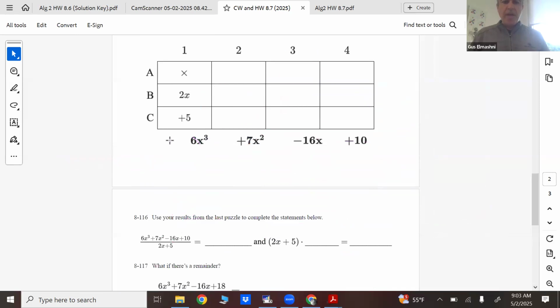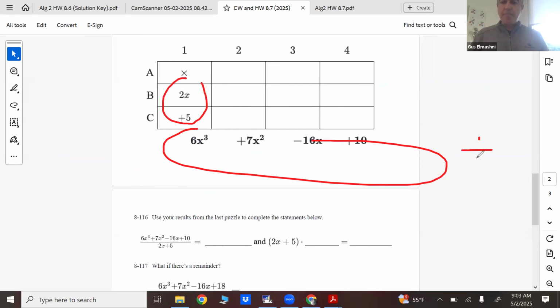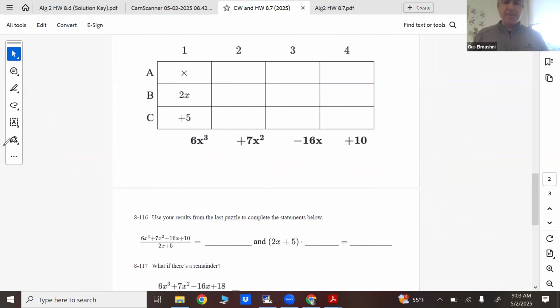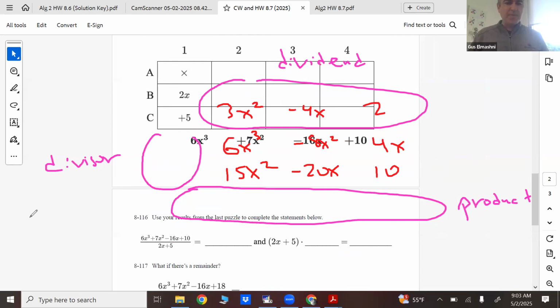What happened was this. I divide this by this. That was a division problem. And what did I get? Well, I already erased it. Okay, 3x squared minus 4x. Let me write it down. We got 3x squared minus 4x plus 2.